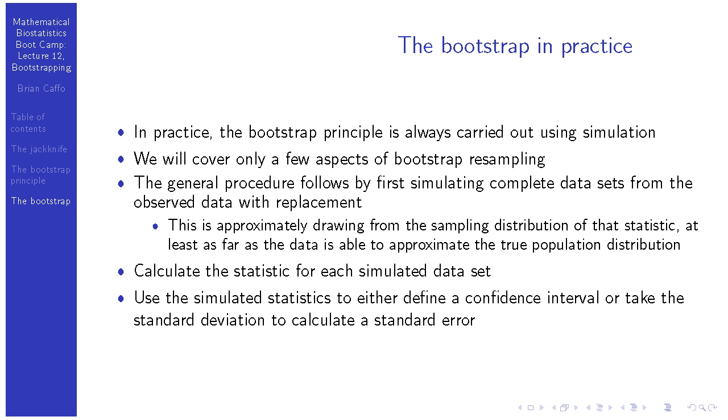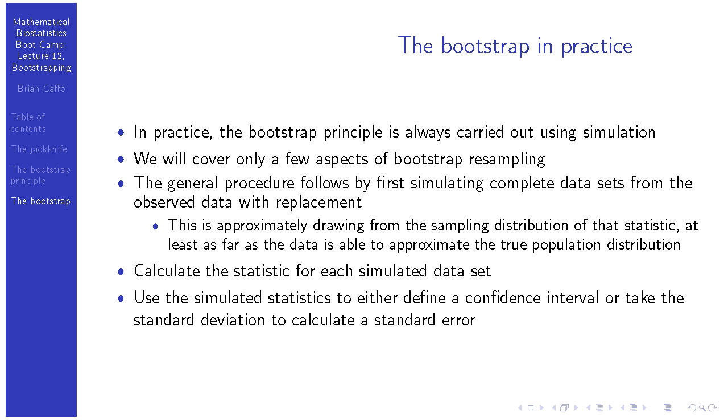Let's say we have 100 data points, and we pull out a new data set of 100 data points, but we sample with replacement. So once we pull out a point and record it, we put that observation back in the bag, mix it up again, and pull out another point, and it could possibly be that same point again. If we sampled without replacement, we would just get a permutation of our original data set. So the bootstrap distribution is sampling with replacement.